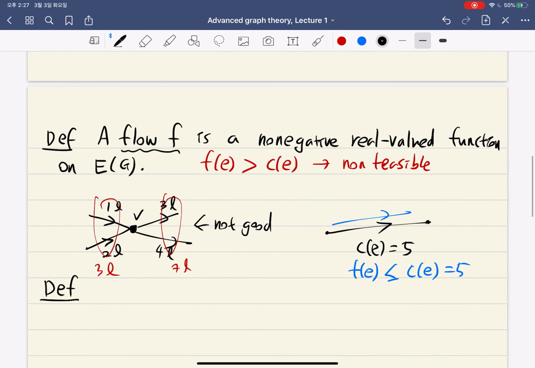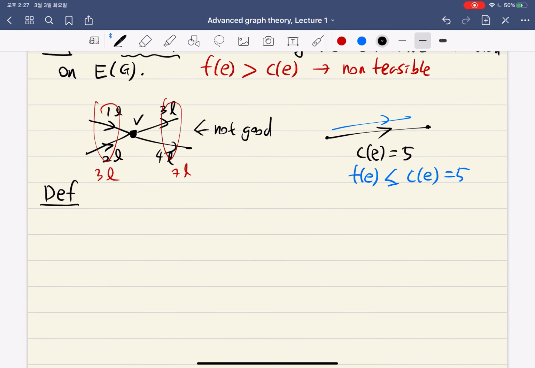So let's write these in mathematical language.